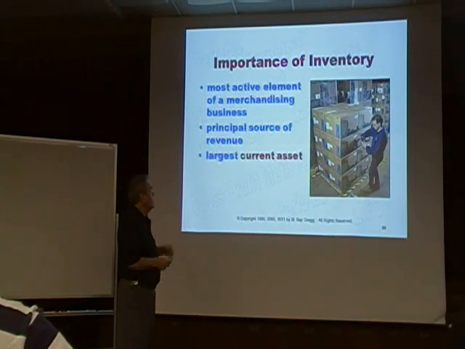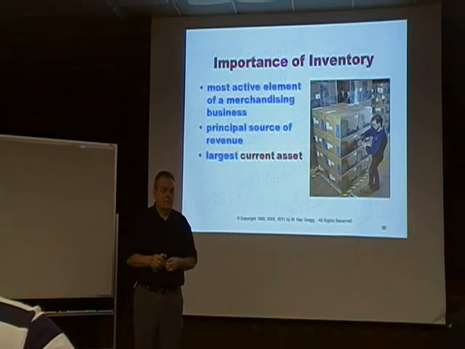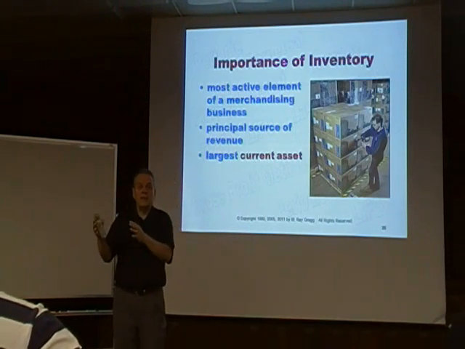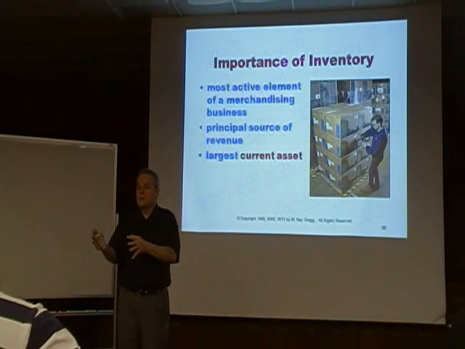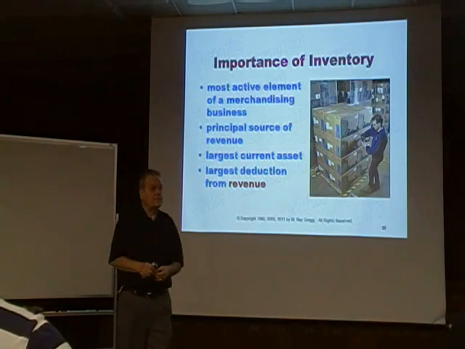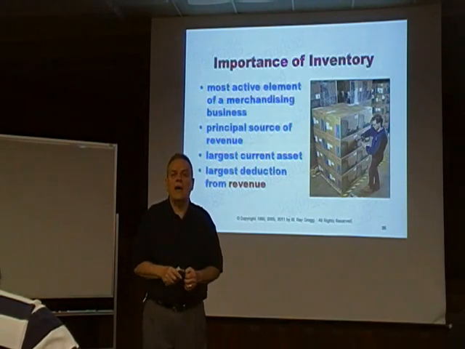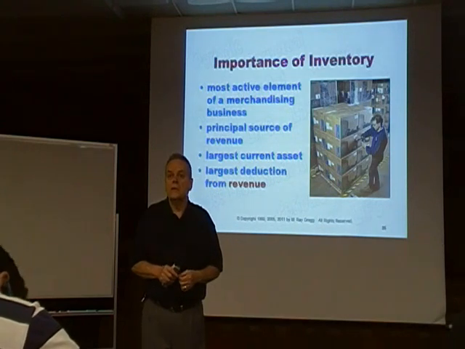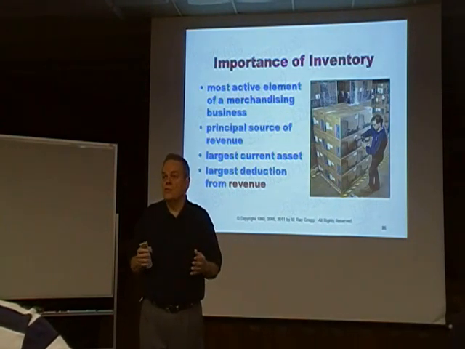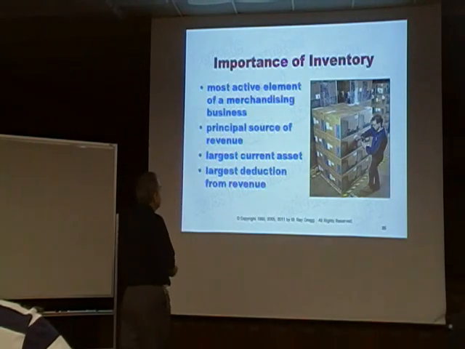It's revenue. If we look on the balance sheet, it's generally the largest current asset. We've got more money tied up in this than anything else, probably. And on the income statement, it directly affects the largest reduction from revenue, that being cost of goods sold. The determination of inventory is extremely important. We need to get it right.